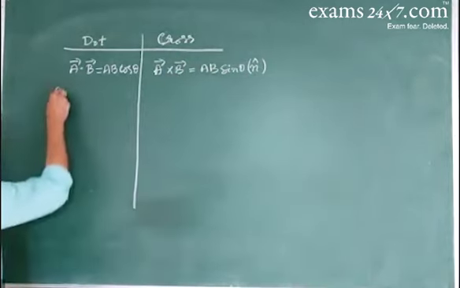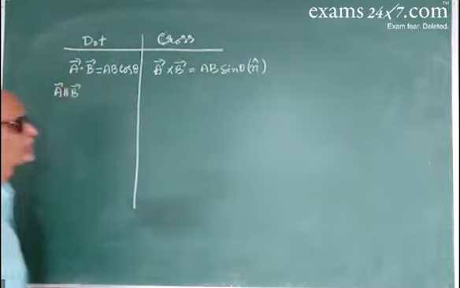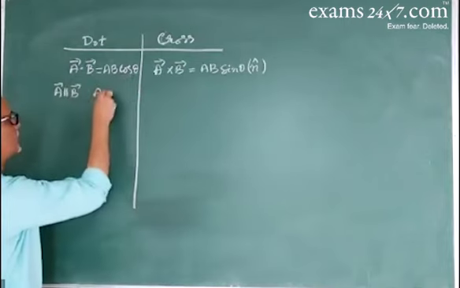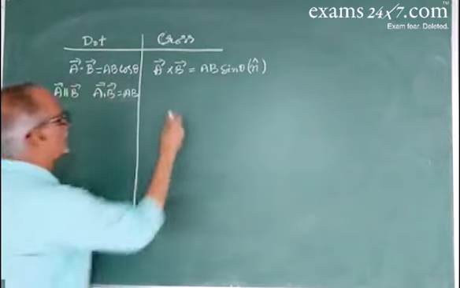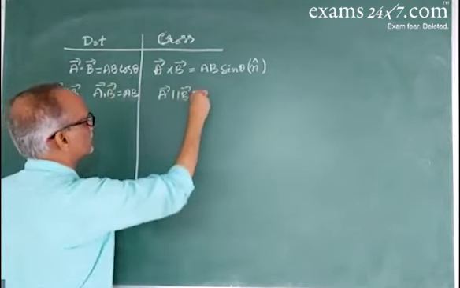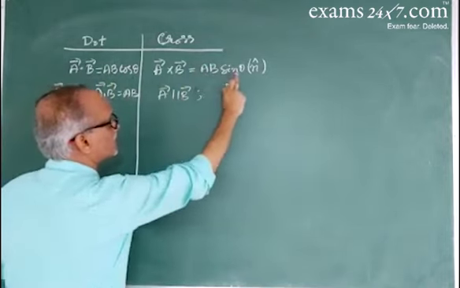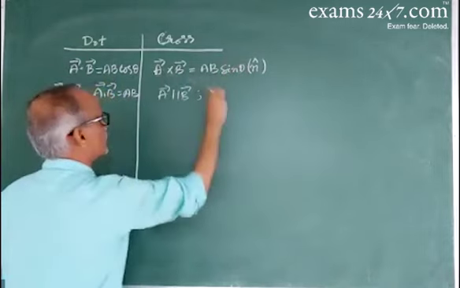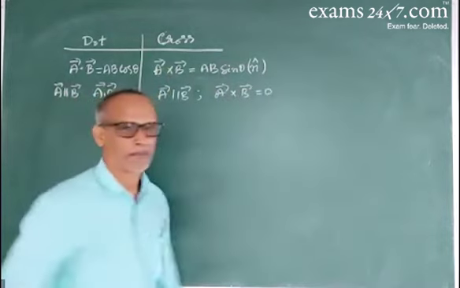Now, when the vectors are parallel, when A is parallel to B, theta is 0. So we get the dot product equal to AB. And here, when A is parallel to B, theta is 0, so the sine term becomes 0. Therefore, the cross product is minimum.